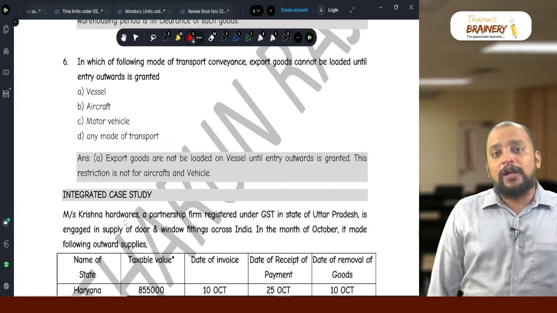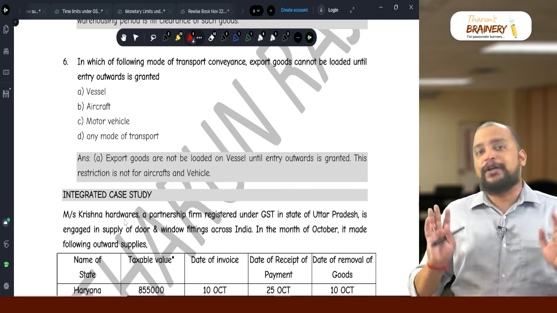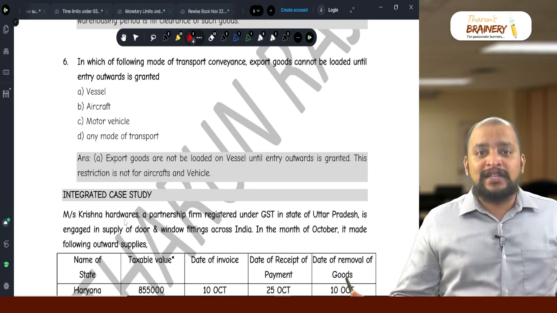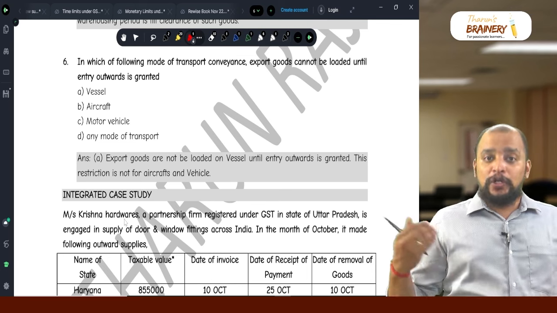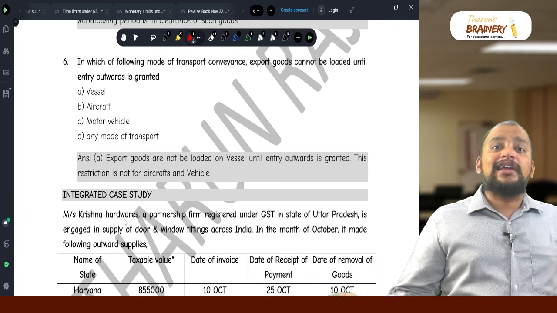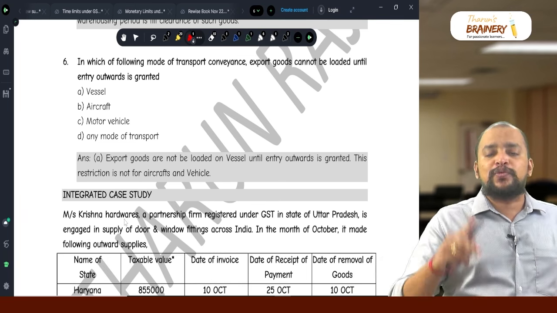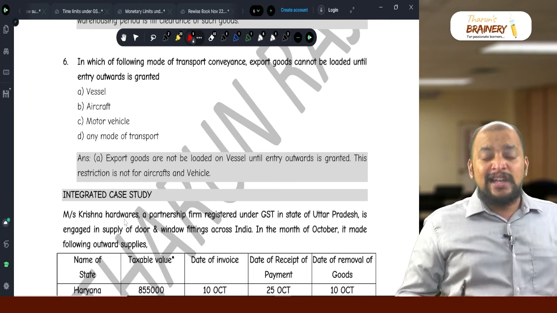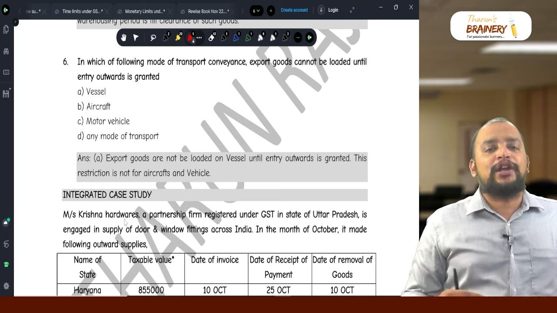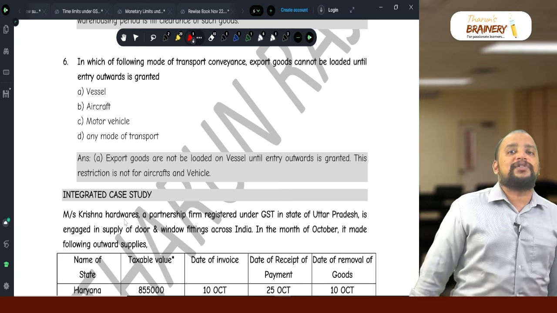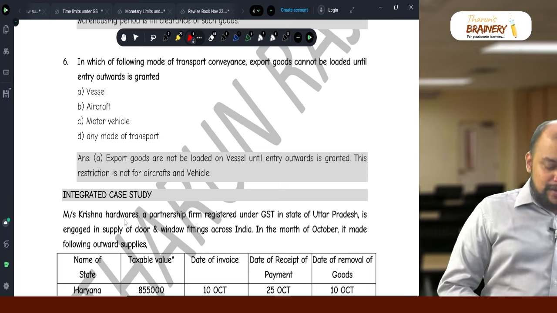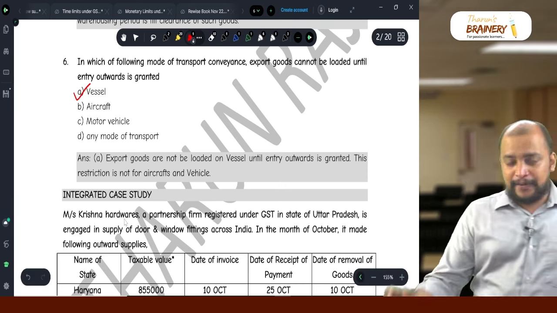They would have written any mode of transport, but no, only in case of export by vessel should goods not be loaded until entry outwards is granted. Because once the goods are loaded into the ship and thereafter entry outwards is not granted, the goods need to be unloaded again. Due to that reason, for vessels we have that restriction, whereas for vehicles and aircraft we don't. So therefore the answer is A.